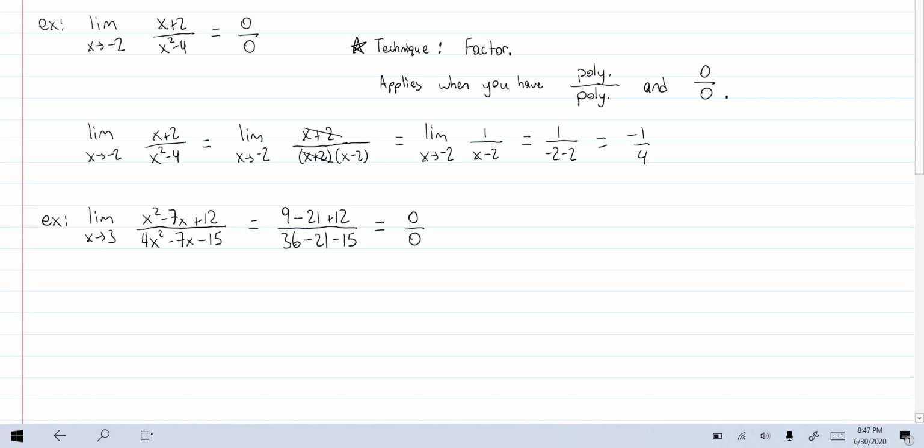So because I have a polynomial over a polynomial and I'm getting 0 over 0, I'm going to try and factor my polynomials now. Now, a good tip when you're doing these types of problems to help you with factoring: we've already seen that x equals 3 makes both the numerator and denominator equal to 0.